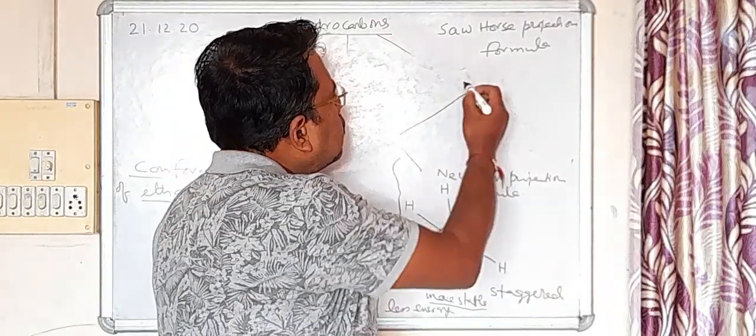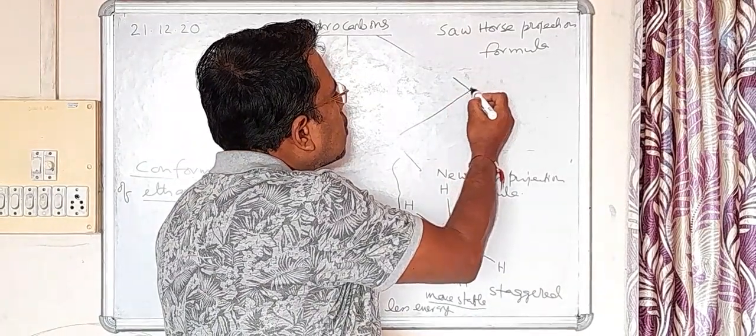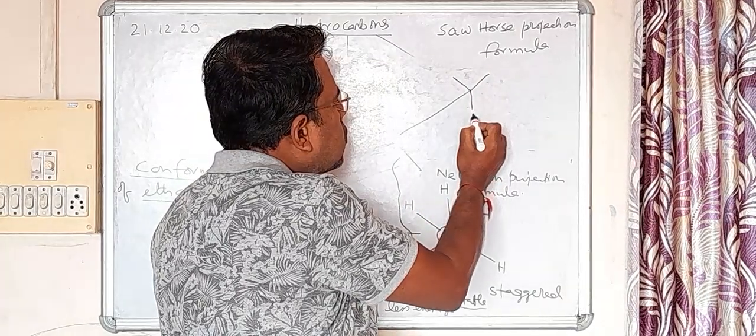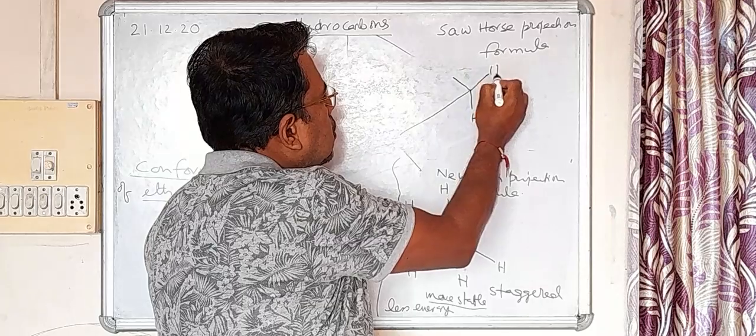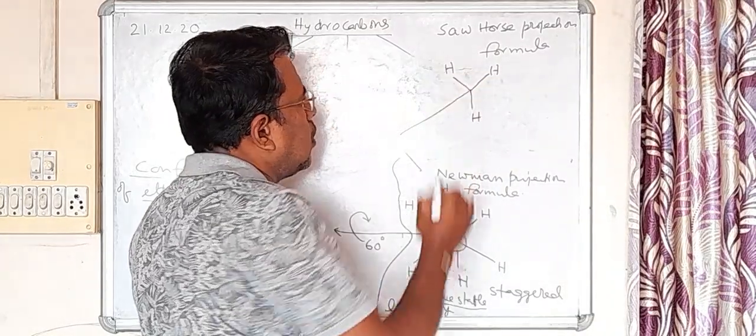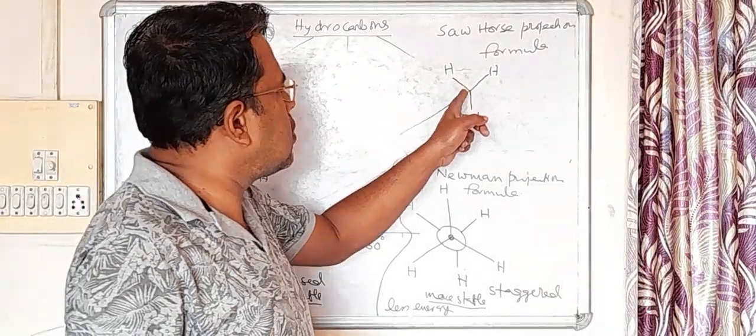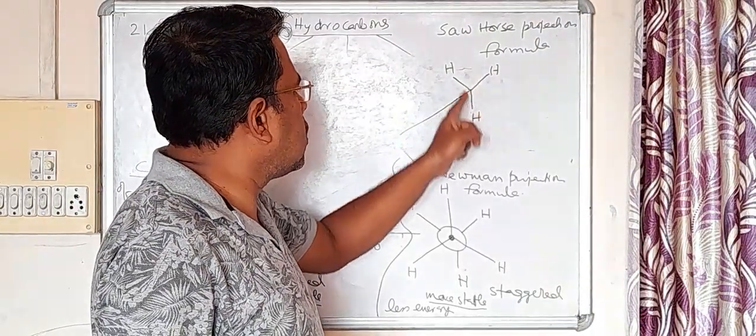Say these are the three atoms of hydrogen. So this carbon has valency 4: 1, 2, 3 and 4.